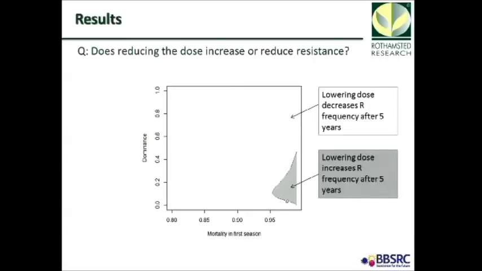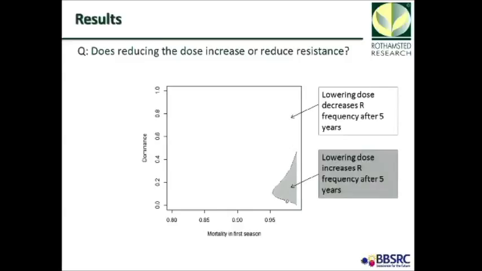On the x-axis is the mortality of a susceptible population, going from 80% up to 99%. So that's how much of your in-field insect population is killed by a single dose of your insecticide in a susceptible population. And on the y-axis is dominance.